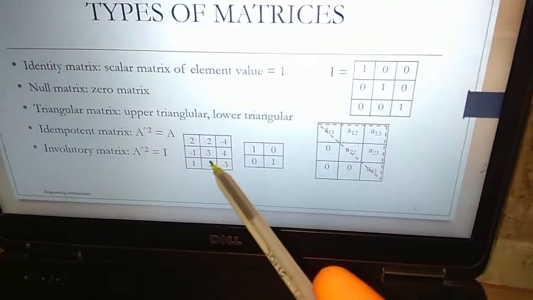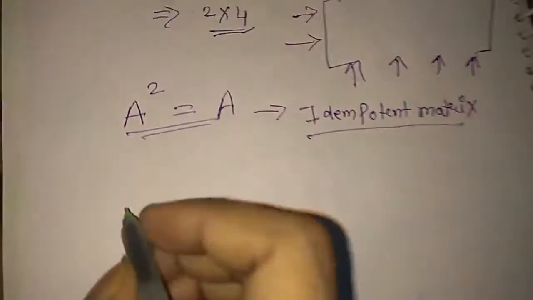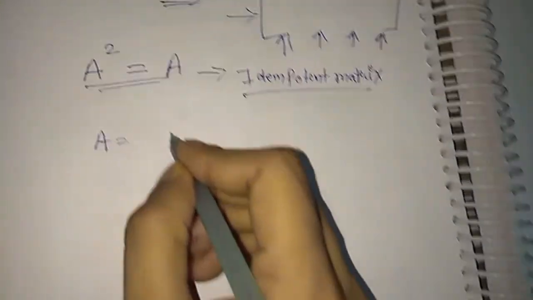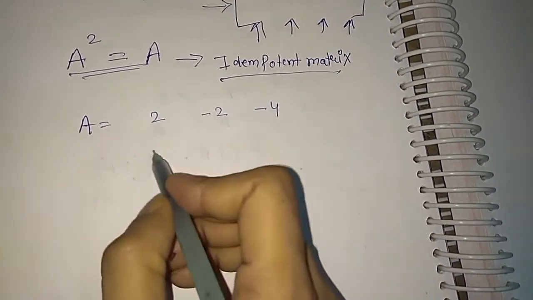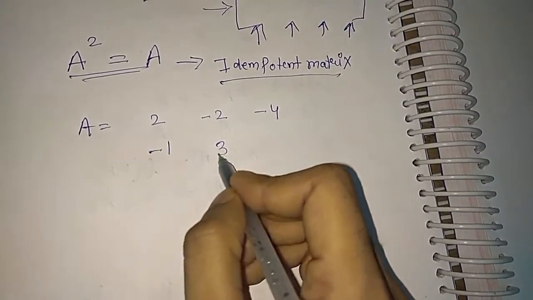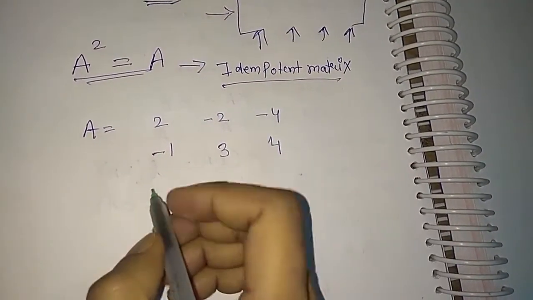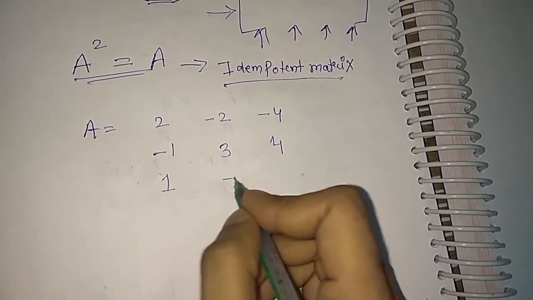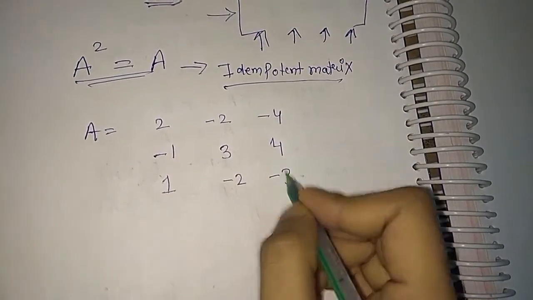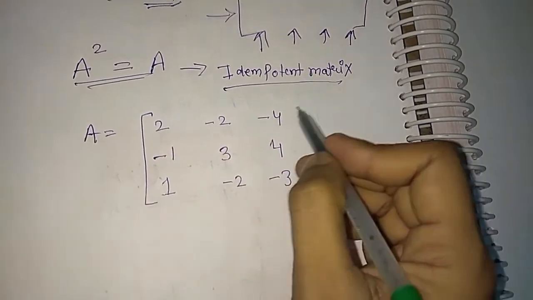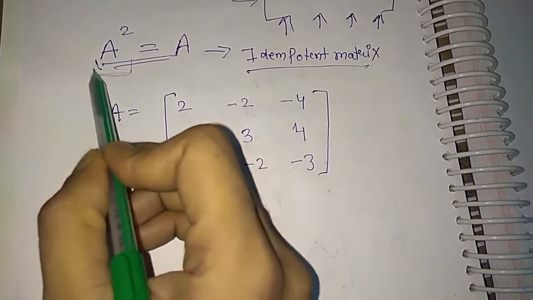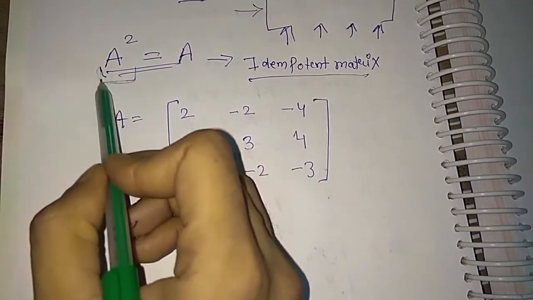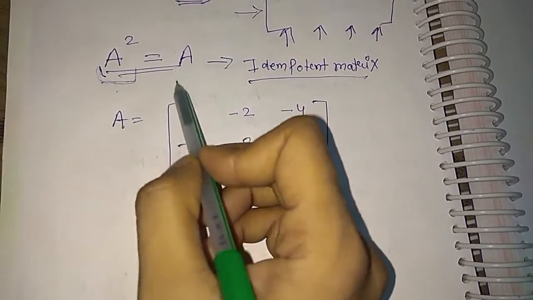Let's prove it. We have matrix A as 2 minus 2 minus 4, minus 1 3 4, 1 minus 2 minus 3 in whole brackets. First we will find the left hand side, and afterward we will compare it with the right hand side.